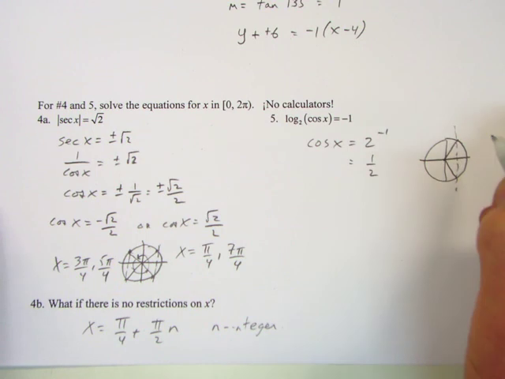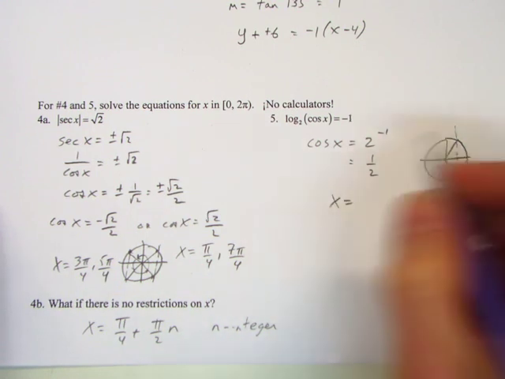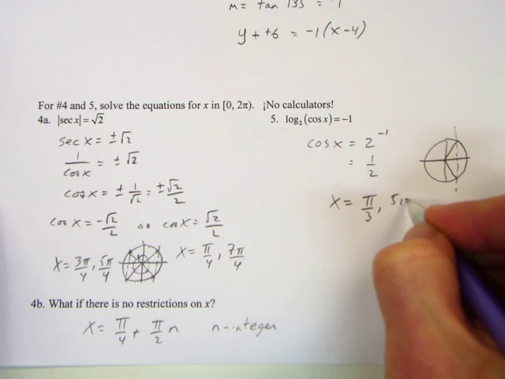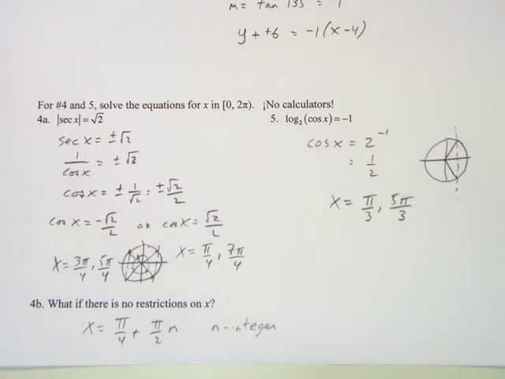What are those two values? x equals pi over 3 and 5 pi over 3. And pretty much this assignment is just going to be more practice like this. You're reviewing some material as well as combining them together with this trig function stuff.